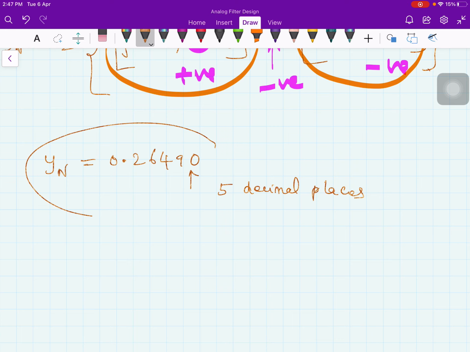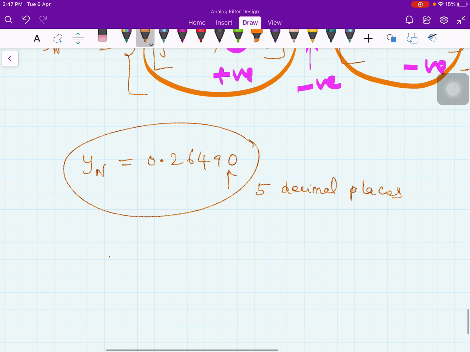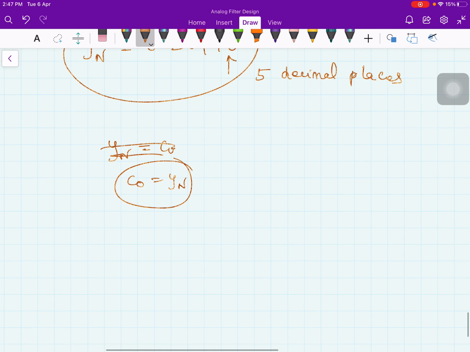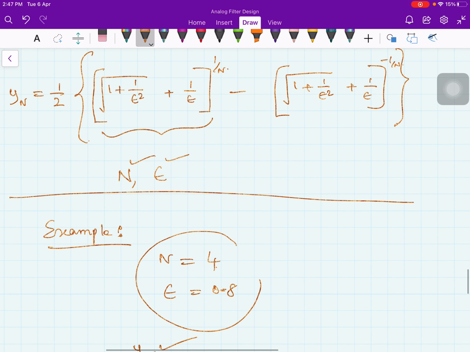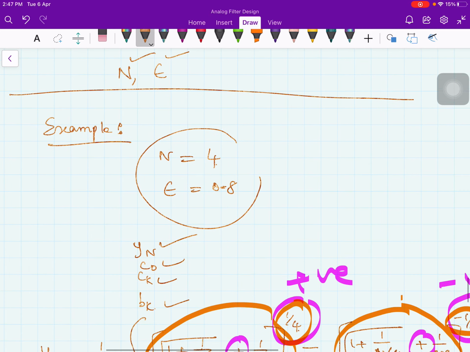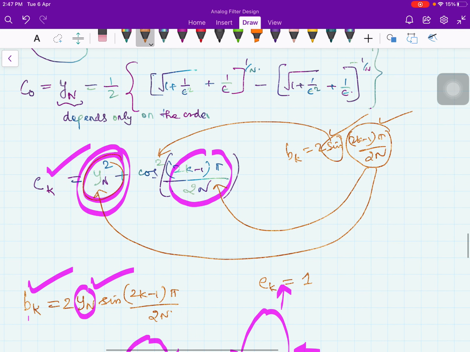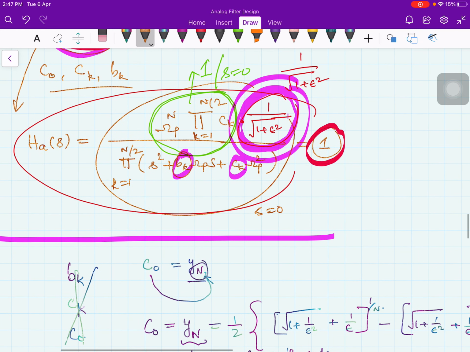And this is yn, and as I said, yn is the same as C0. But anyway, if the order is even, then C0 is not required, because only when the order is odd do you have the first order pole in the denominator.